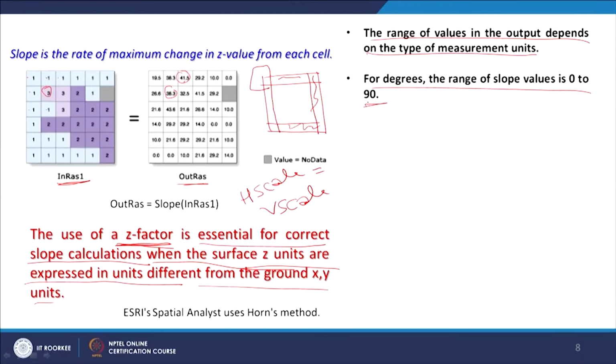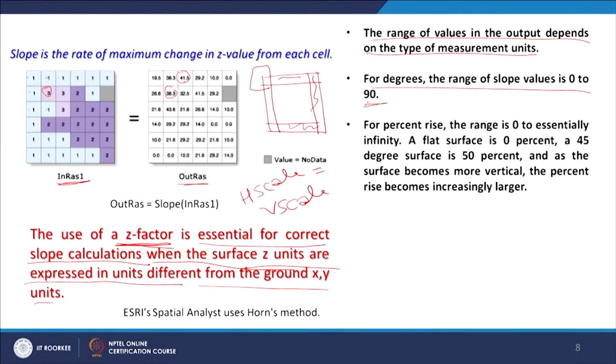So for degrees, the range of the slope values will be of course 0 to 90 degrees, or in case of percentage 0 to 100, and sometimes we may get value 0.